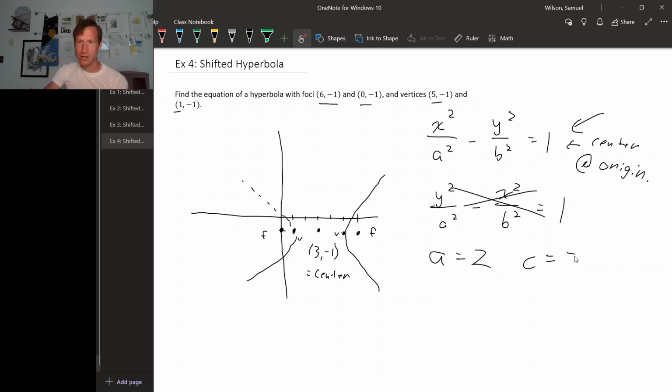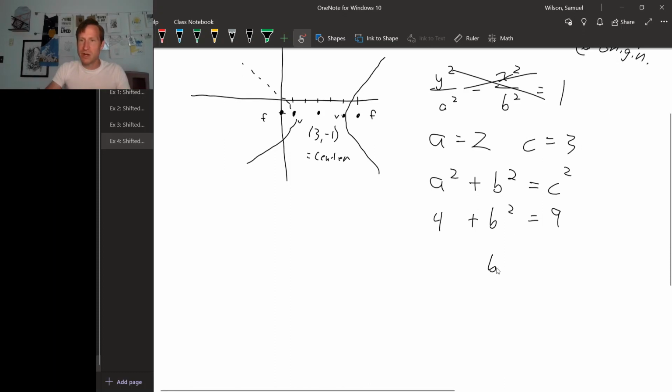Okay, and in a hyperbola, a squared plus b squared equals c squared. Since we know two of these, we can find the third. So a squared is 4 plus b squared equals c squared is 9. And so b squared is 5, and b is the square root of 5.